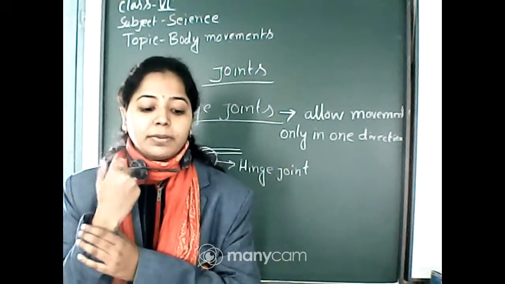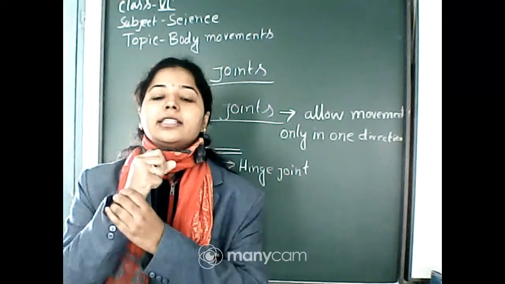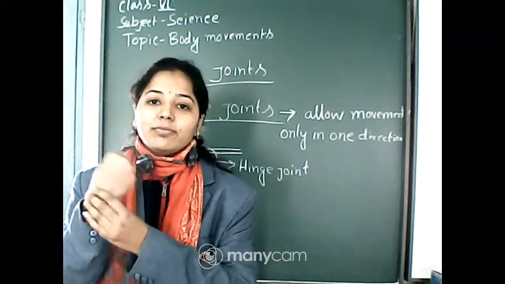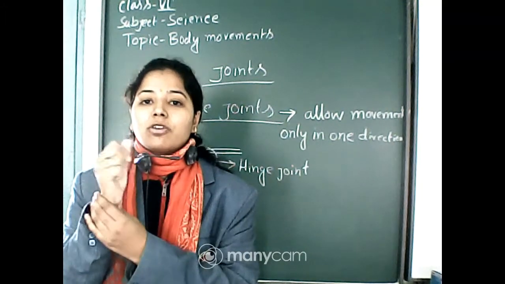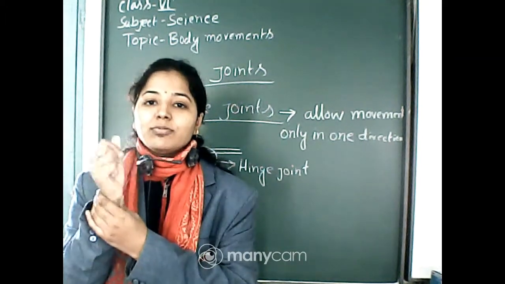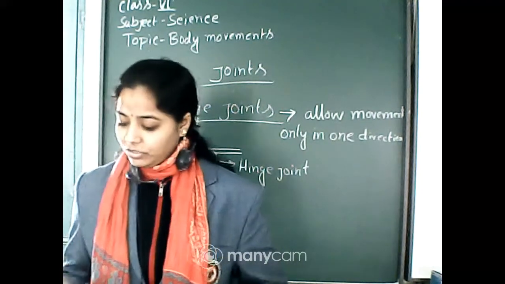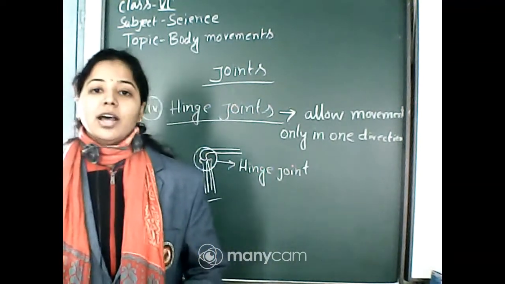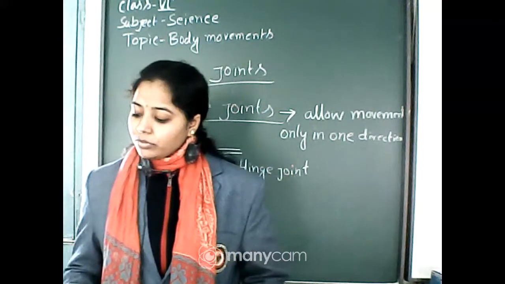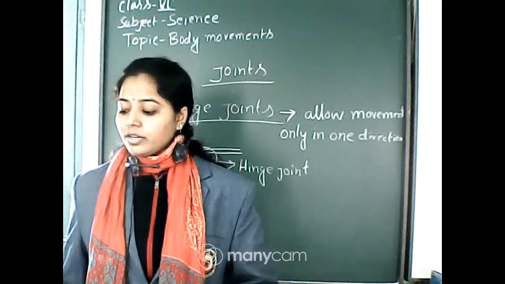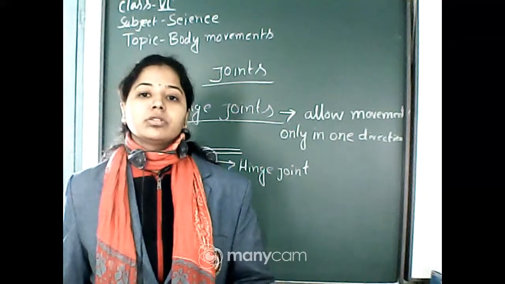Small bones are present in our wrist, and they glide and slide over each other, and such movements make clockwise and anti-clockwise movements. This type of joint is known as a gliding joint, which allows a limited amount of movement.